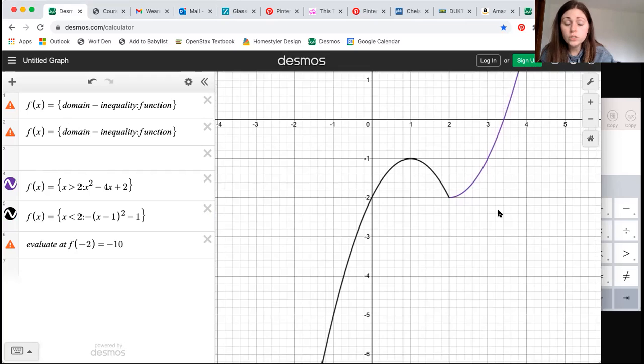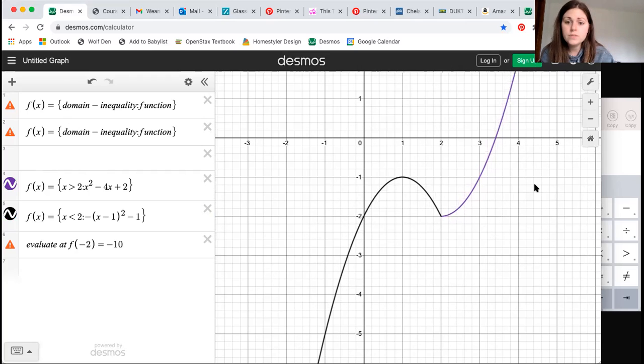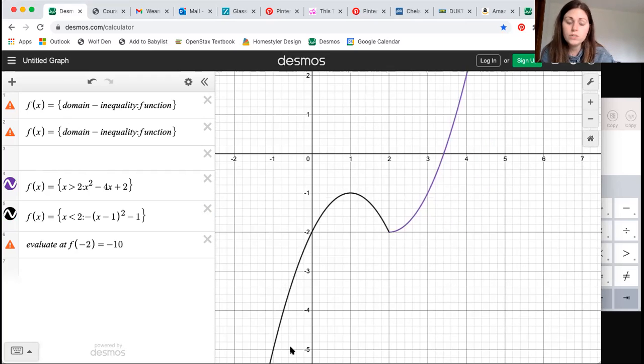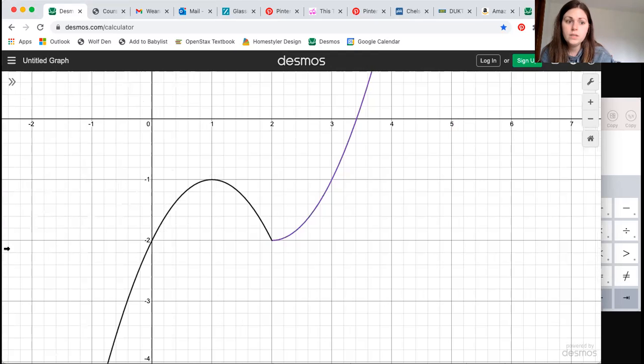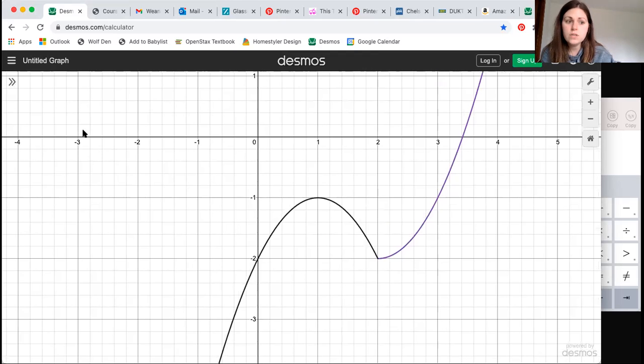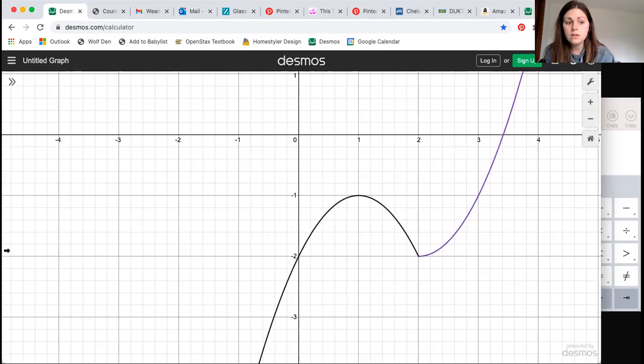The other thing that you can always look at is the domain. So now that you have the piecewise function graphed, what's the domain? Well, the domain is a set of x values. In that case, x values are horizontal. So we start from the lowest x value possible over here on the left, which is negative infinity. And I move to the largest x value.